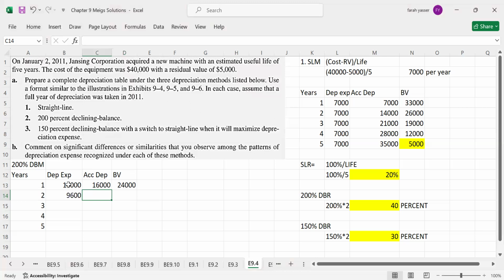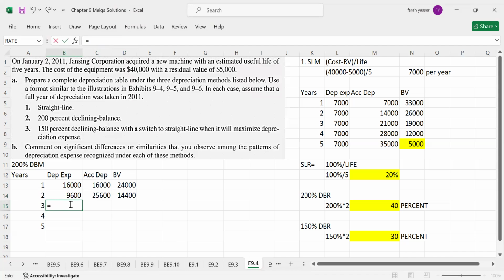For accumulated, we add these two, 16,000 plus 9,600. This is your accumulated depreciation, and book value is cost minus this accumulated depreciation, which is 14,400. So this is the book value at the end of the second year.